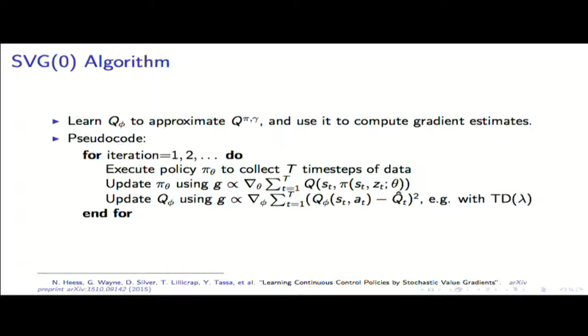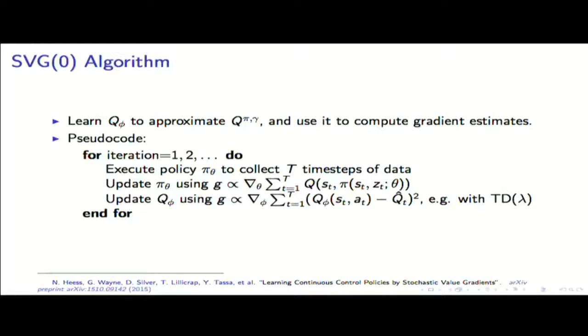It looks like a typical policy optimization method. You run your policy to collect some time steps of data. Then you compute the gradient of your loss function, which is just the Q function applied to the state and then the action, which is a deterministic function of everything.